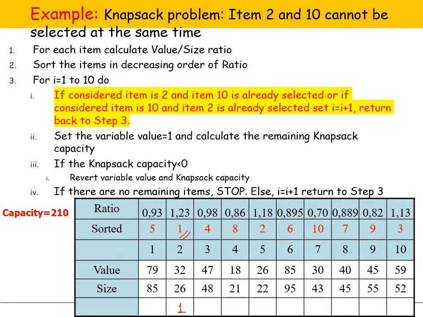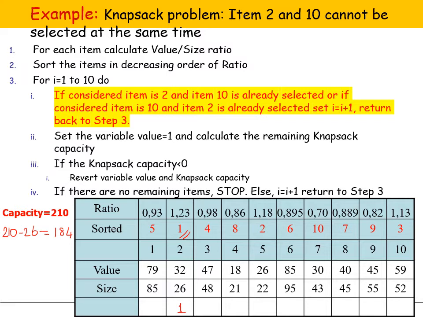Okay, and then since its size is 26, we check the capacity. So we check 210 minus 26, we have 184. Okay, since we still have remaining capacity, we continue.